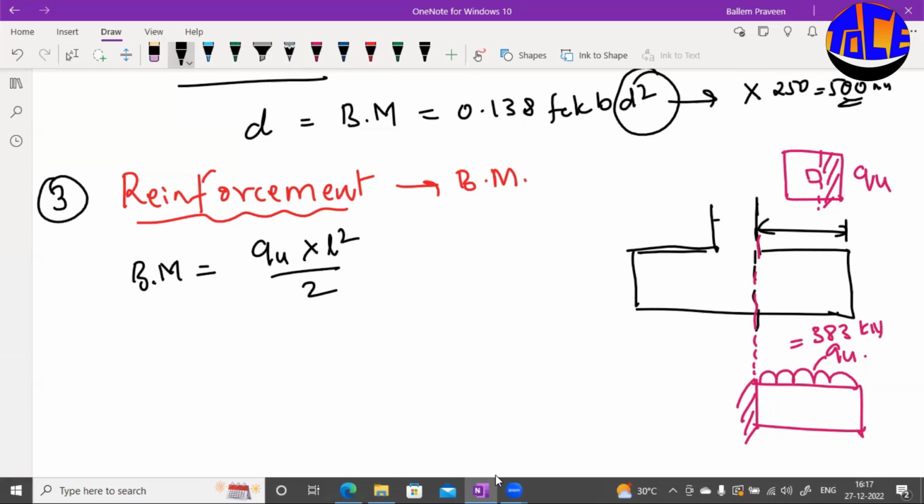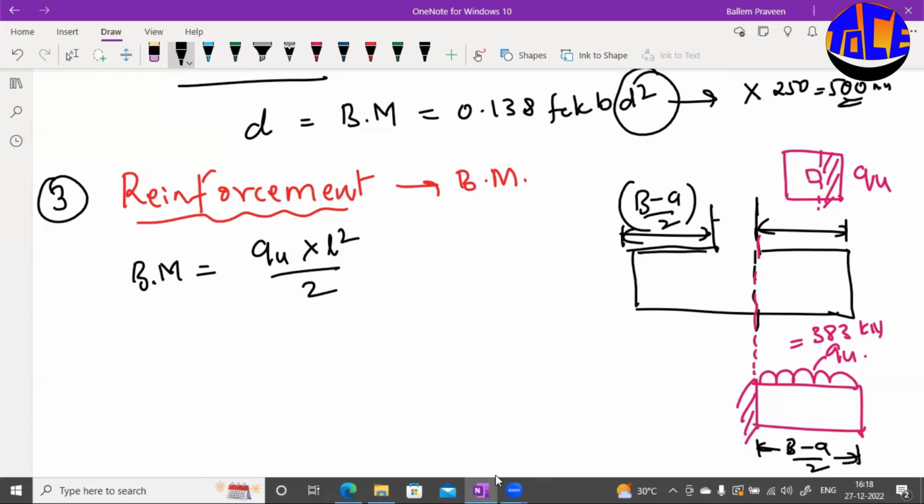So this will be B minus A by 2. Okay, so this is your B minus A by 2.